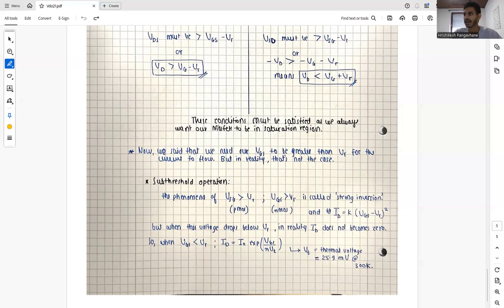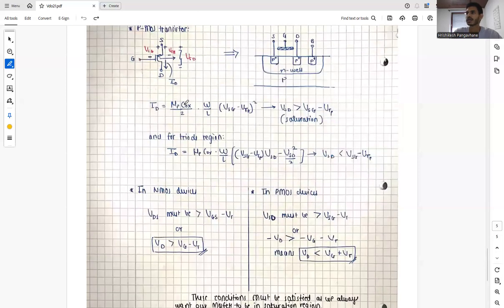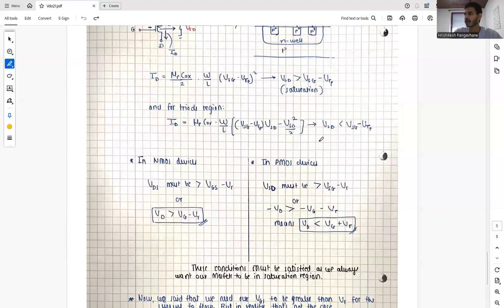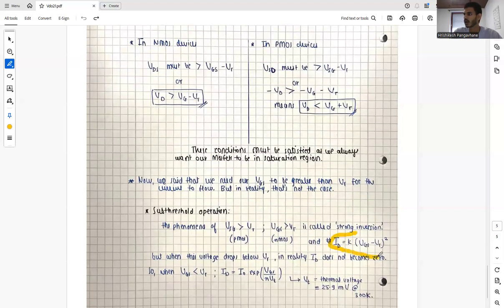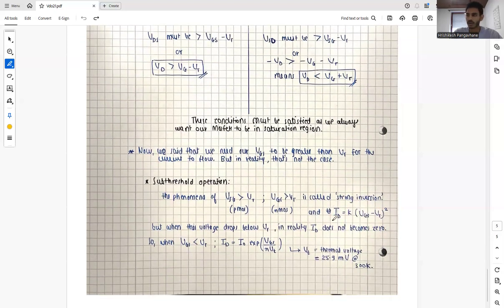And ID is K times VGS minus VT squared, where K is some constant, according to the square law model. But when this voltage drops below VT, in reality, ID does not become zero.